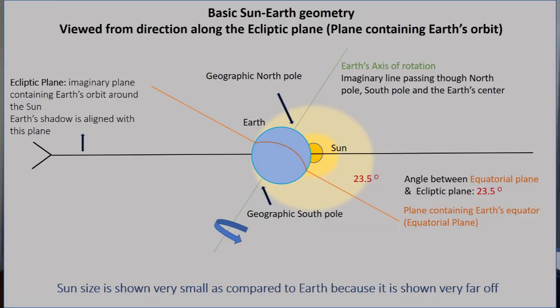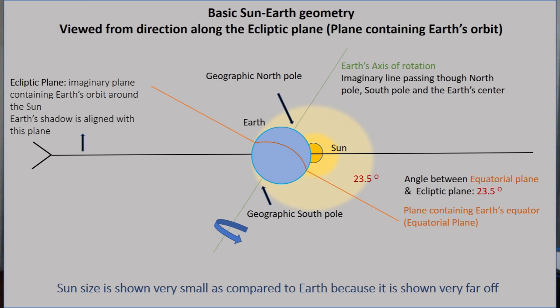Now, if we look at the basic Earth and Sun geometry, we can clearly see that the axis of the Earth is tilted. Due to this, the plane which contains the equator of the Earth is at an angle of around 23.5 degrees with respect to the orbital plane of the Earth.